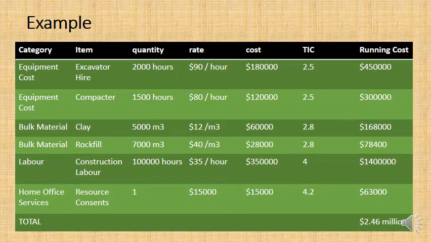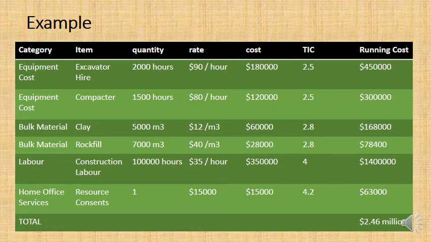Then you multiply it by the total installed cost factor, and you get to the final column, which means running cost. Once you've covered all of the items that you're supposed to for the equipment factored estimating method that has been assigned, you get the total estimated cost.